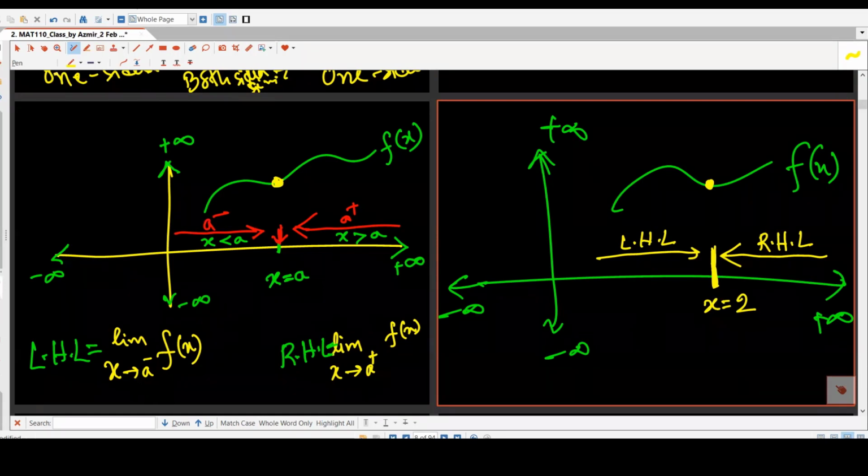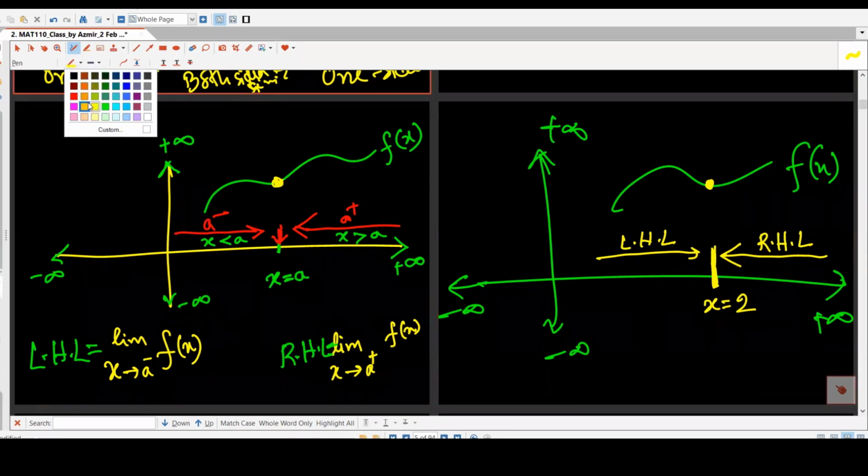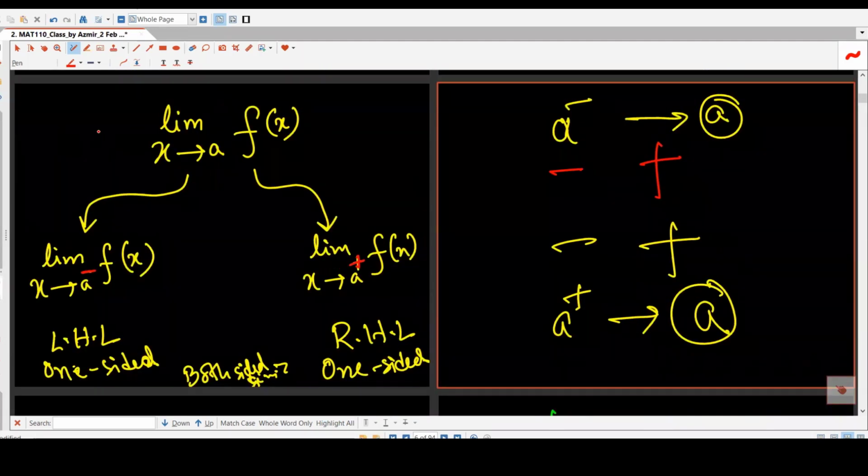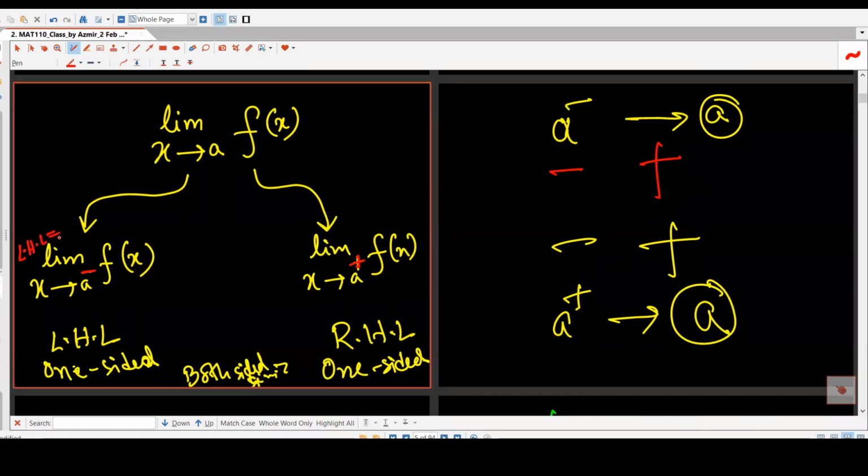Since we are coming from the right side, it is 2 plus. So that's why this plus or minus that we are applying here is just the direction. Our target is to find the limiting value of this function. So we can use the left-hand limit and right-hand limit concept to evaluate this.